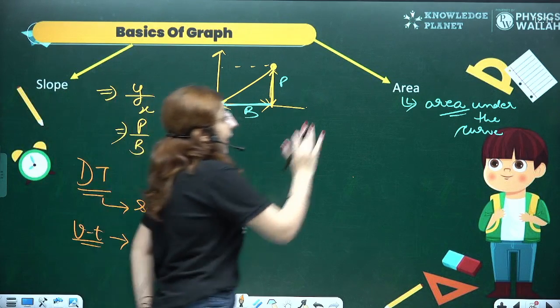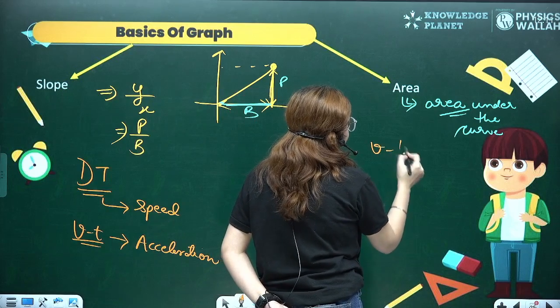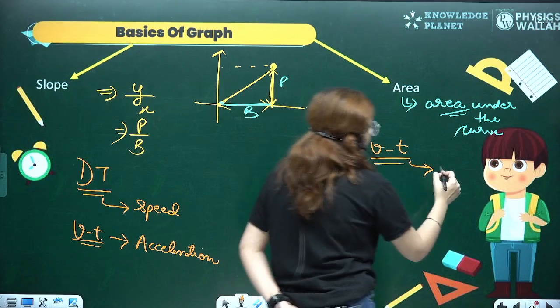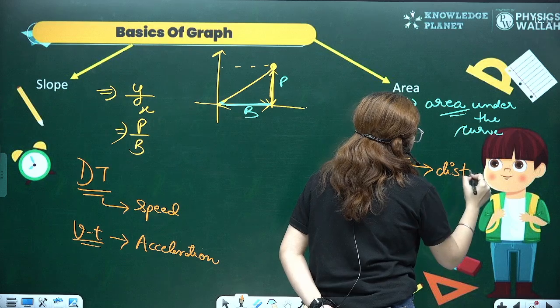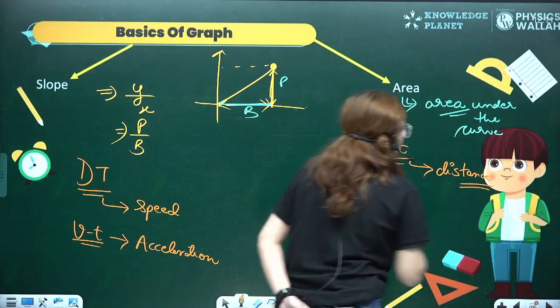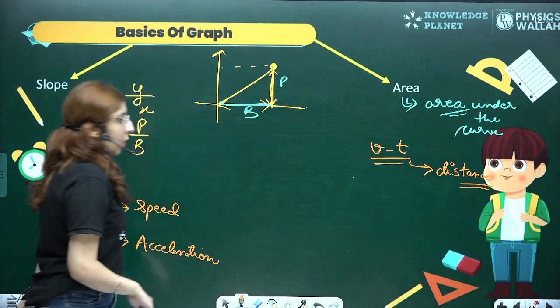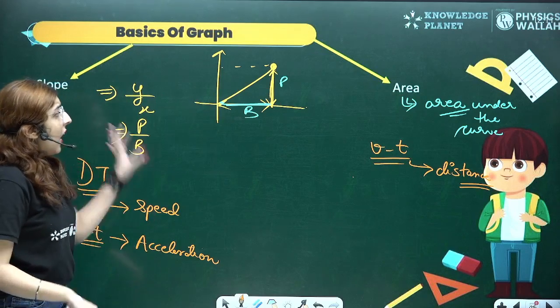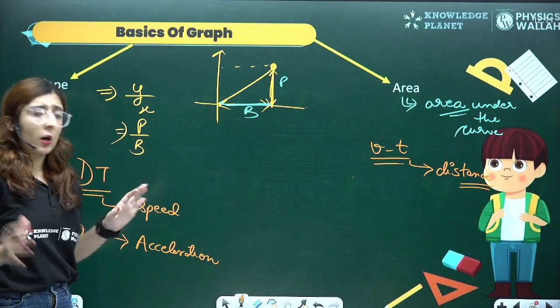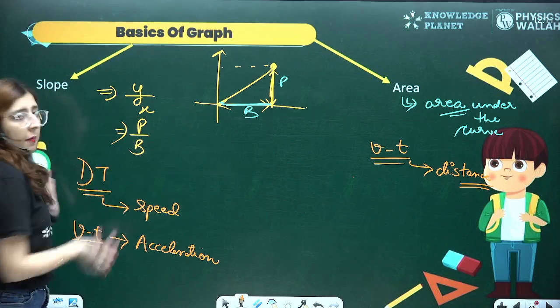Last thing, the area of a velocity time graph will give you nothing but distance. How we are going to use it, we are going to talk about, but yes, this is the trick that you can remember.